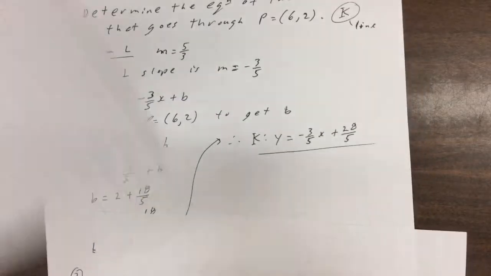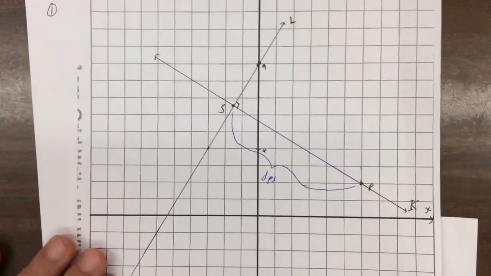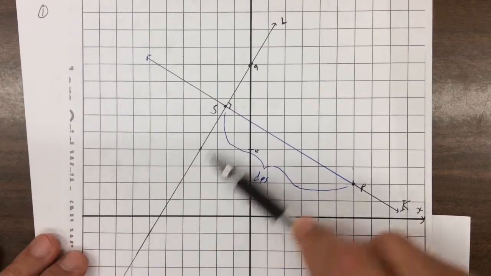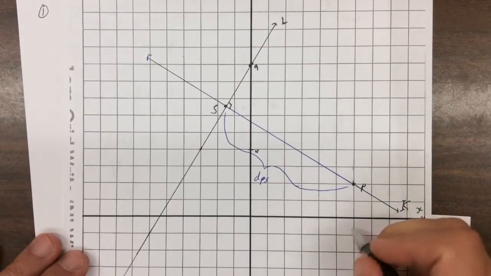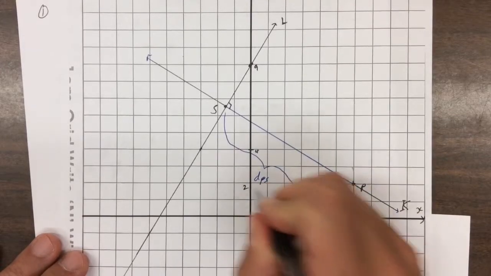And so we're going to look at a graph of these now. So here is the point P, which is (6, 2), so 6 on the x-axis, 2 on the y.